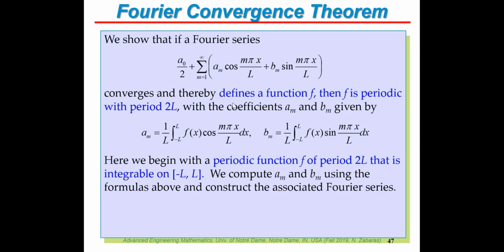So what we would like to know is, given the series expansion, does it converge to the function f of x for every x? And do we require any other constraints on the function f of x?